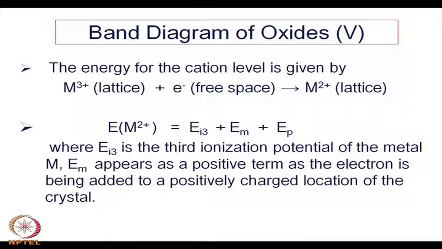So, the band ultimately will be designated as M2 plus. The band of the M2 plus is I3. This is I3, the third ionization potential of the metal M.